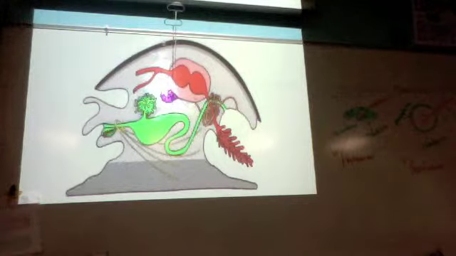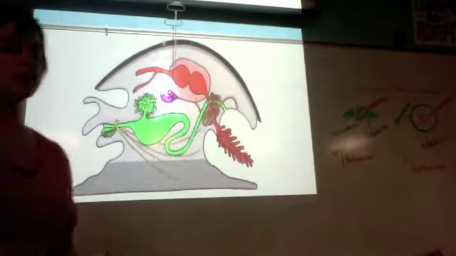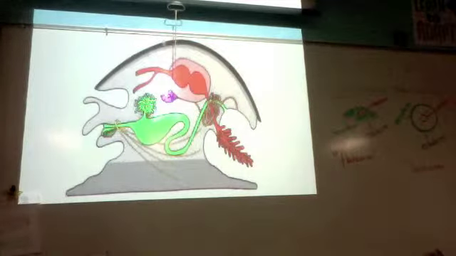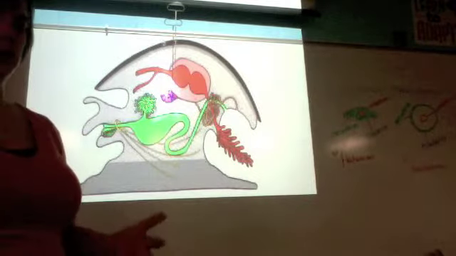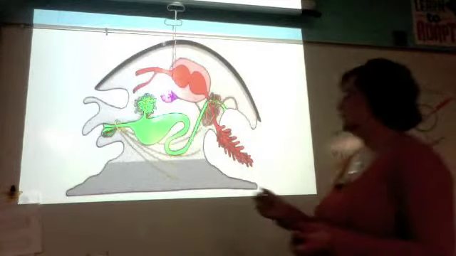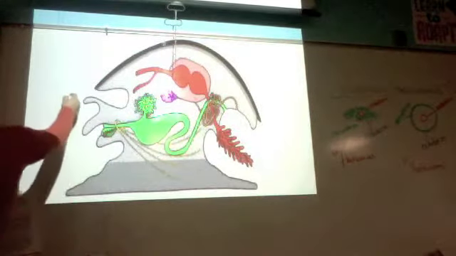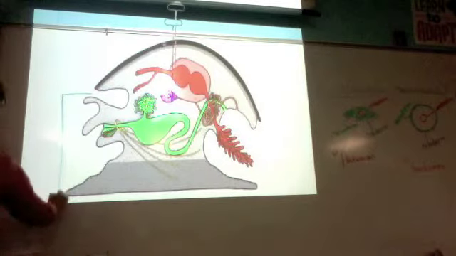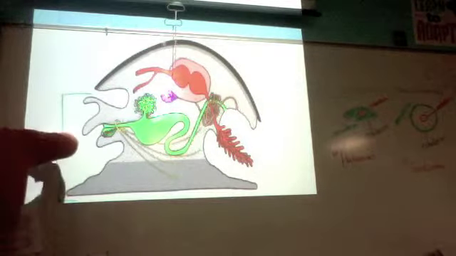Okay, so mollusks have a kind of unique body system, body design. The first thing that we talk about is called the head foot, and it is what it sounds like. It is the head and the foot, except that they're all one piece in the mollusk. So everything basically from here to here, this is the head foot.